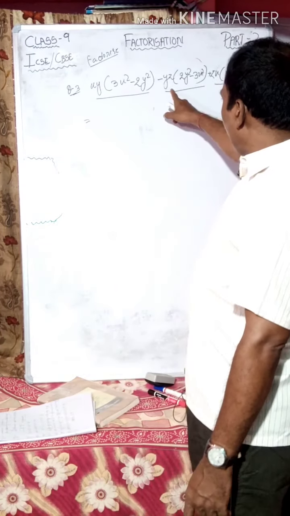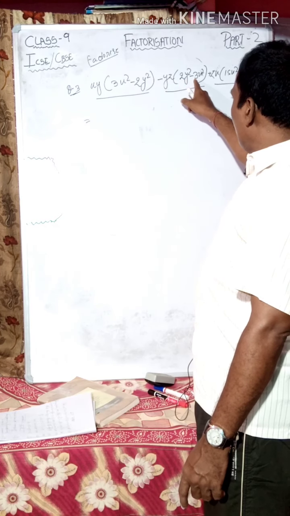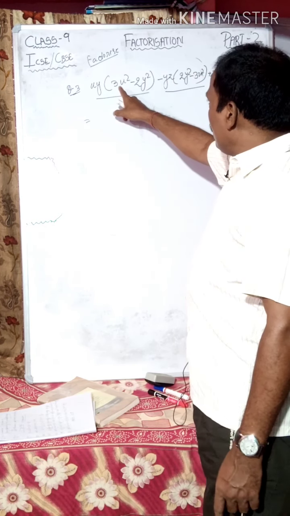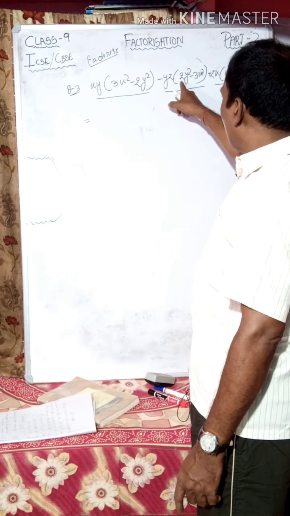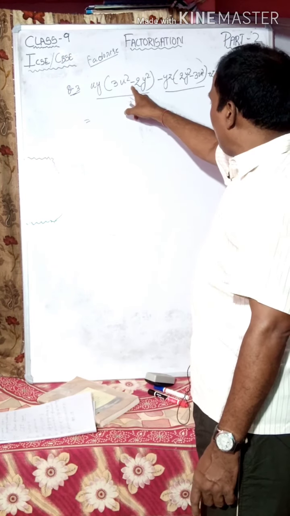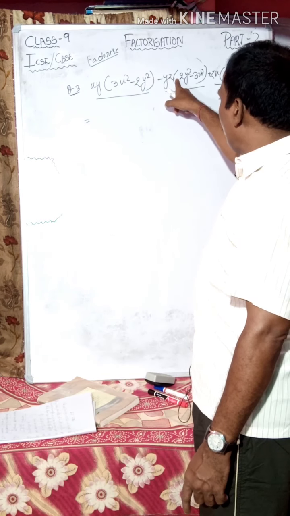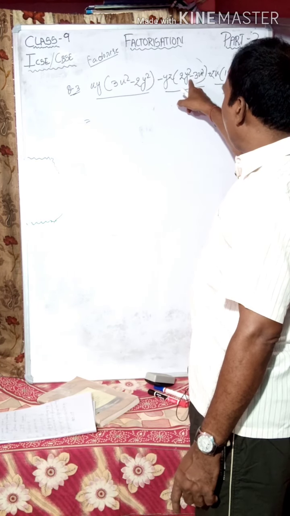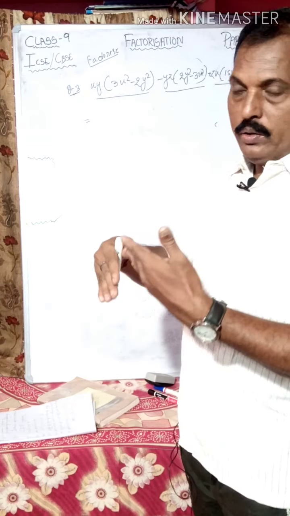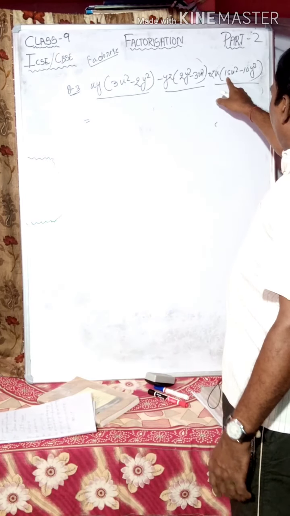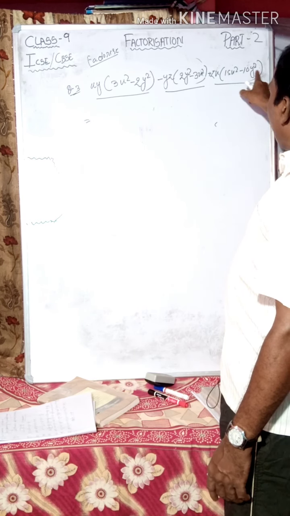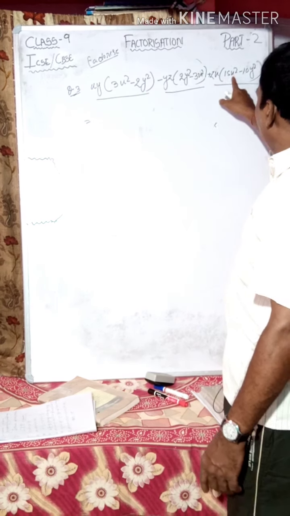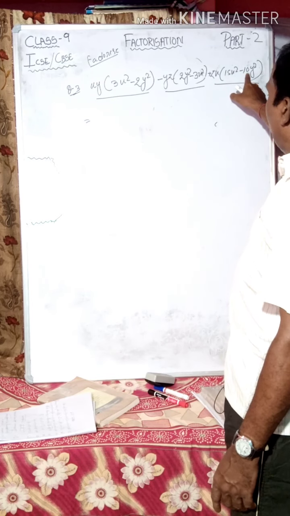In the second term y, z, 2y square minus 3x square, but here it is 3x square minus 2y square, just reversed in sign. Then third, 15x square minus 10y square, but here it is 15 and 10.